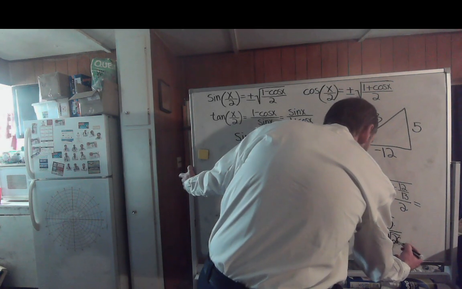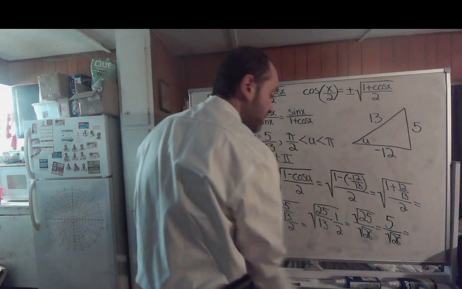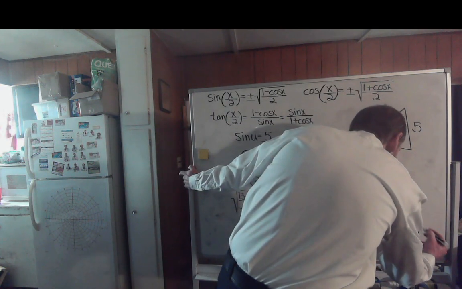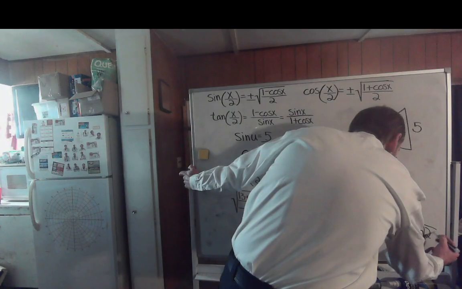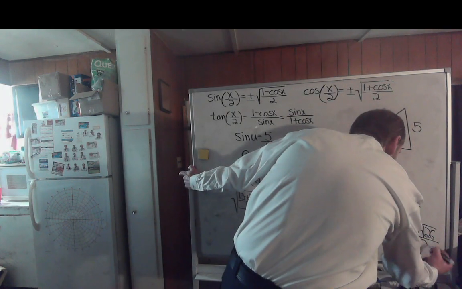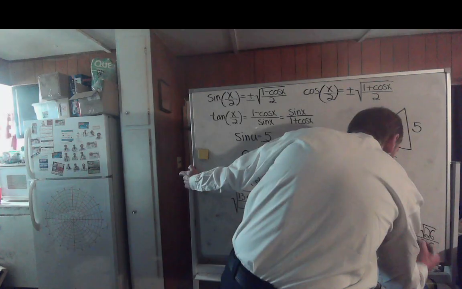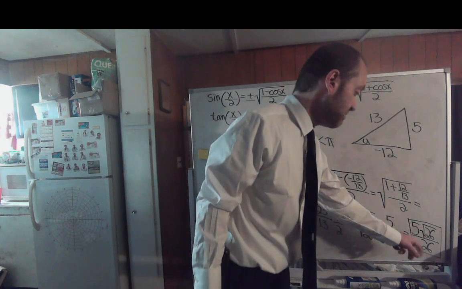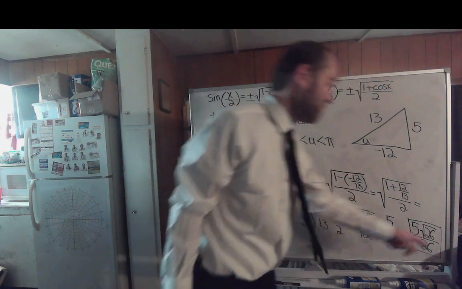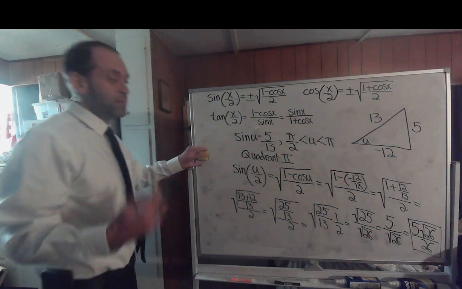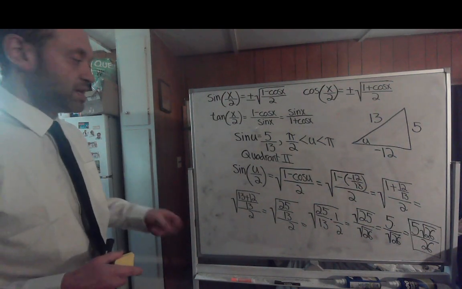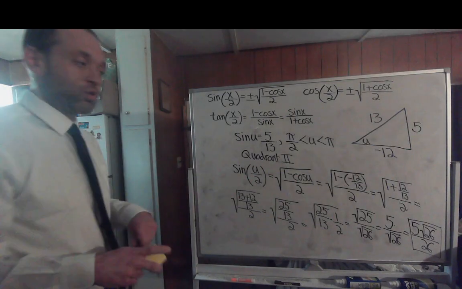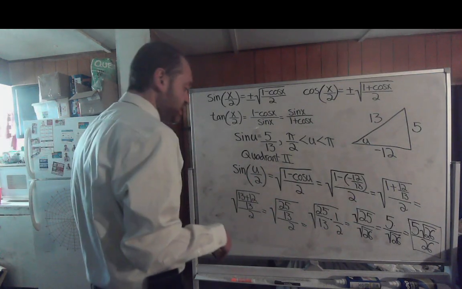Then you just rationalize the denominator. Your final answer should be 5 times the square root of 26 all over 26. So in this case, the sine of u over 2 would be 5 times the square root of 26 over 26, which makes sense because u over 2 is located in the first quadrant, which would give you a positive sign.